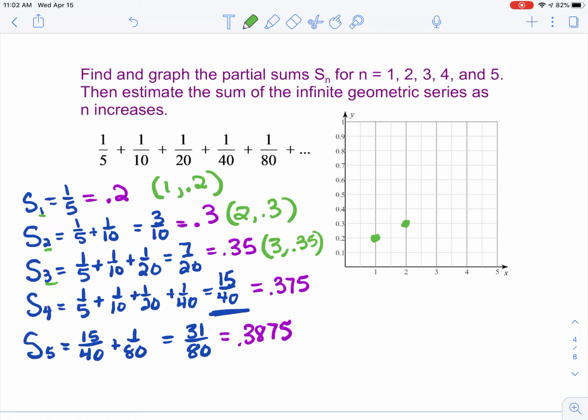This one comes from the 3, 0.35. This one comes from the 4, 0.375. And this one comes from the 5, 0.3875.